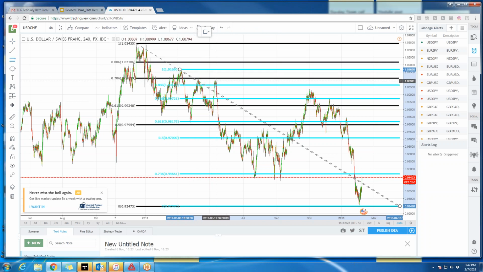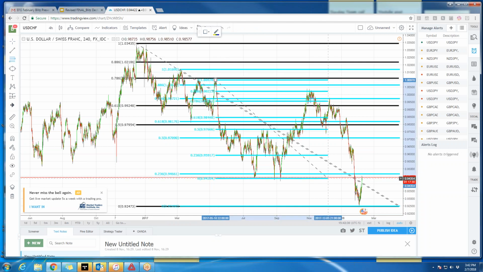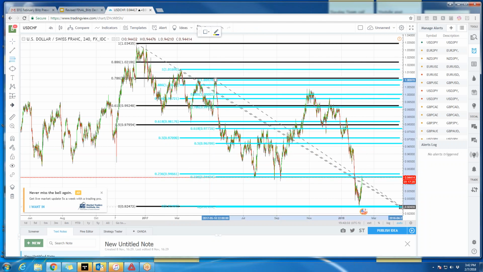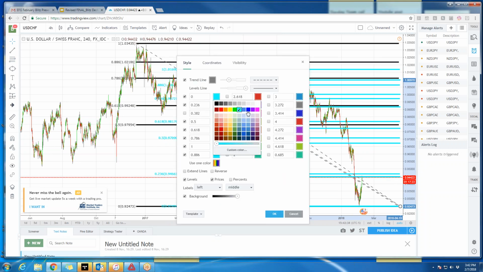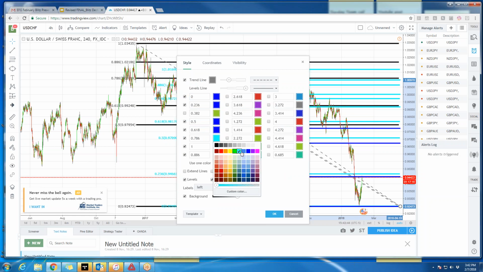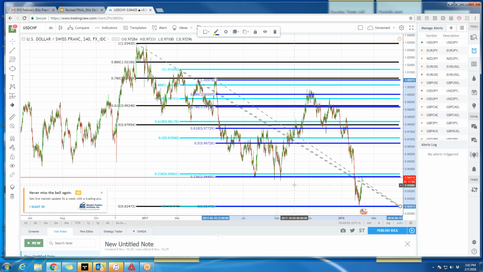These are both on the same zone, so you only need one. I'll put another one right here.